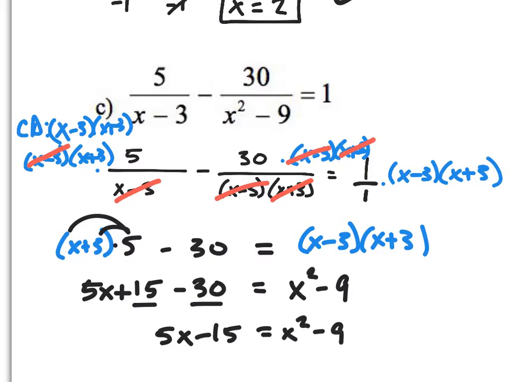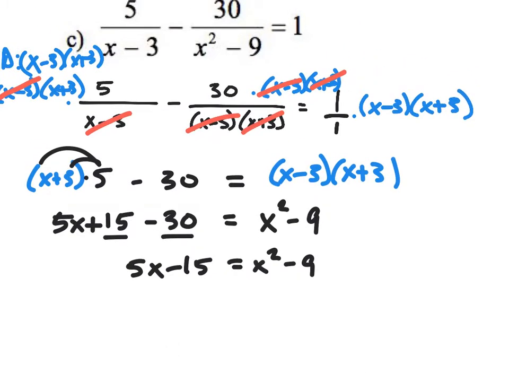Now I'm going to get all these terms on one side and set it equal to 0 because I have a quadratic, and I know that because I have an x squared. So I'm going to subtract 5x from both sides and add 15 to both sides.